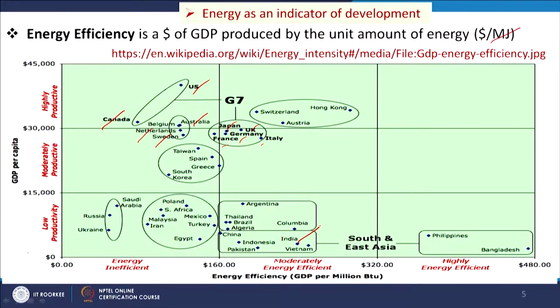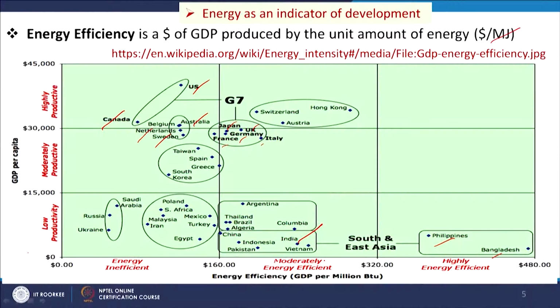But India is a moderately energy efficient country, and highly energy efficient countries are the Philippines and Bangladesh as per this graph. On the basis of this information, as a moderately energy efficient country, we have scope to produce more energy and to increase our energy efficiency.